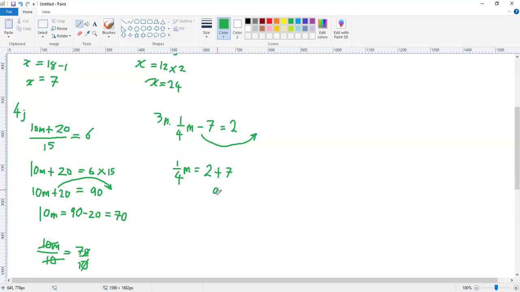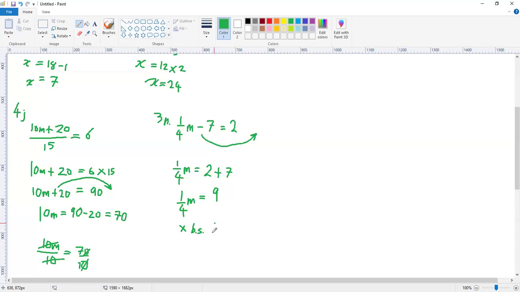And the opposite of minus is addition in this case. So we added both sides. And now, what will we do to find m in this scenario? We'll times both sides by 4, right?